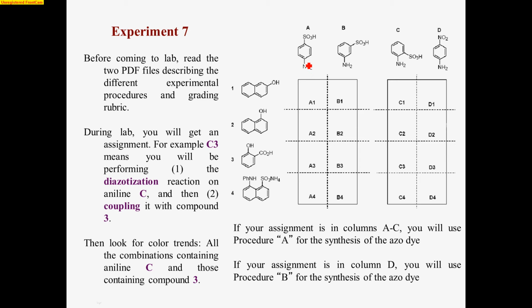You're going to make the diazotized aniline, and then once you form that diazotized aniline, you will add one of these activated aromatic systems. Three of them are naphthalenes, and one of them is a benzene derivative. And these will all react with the diazotized anilines.